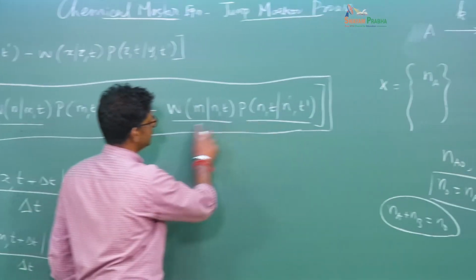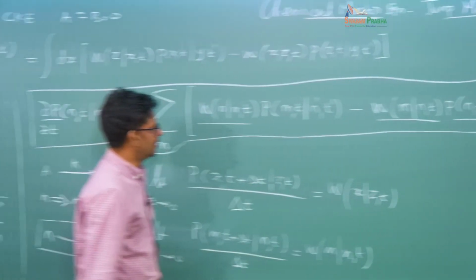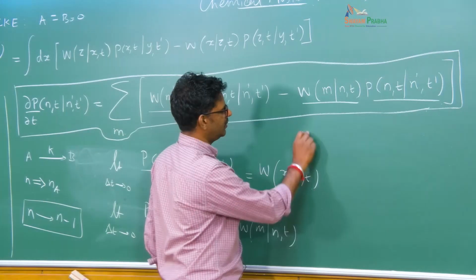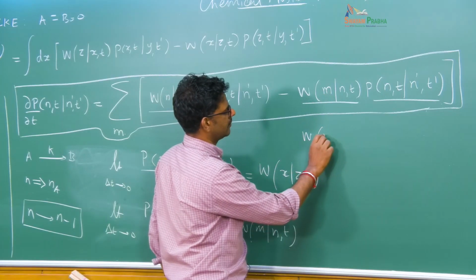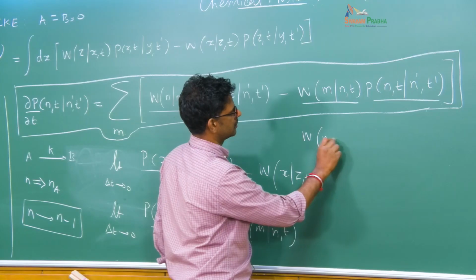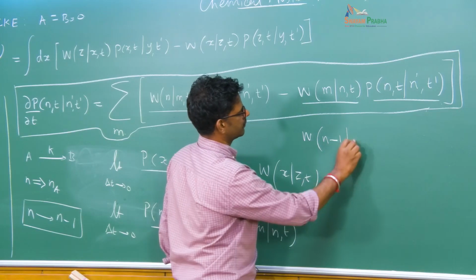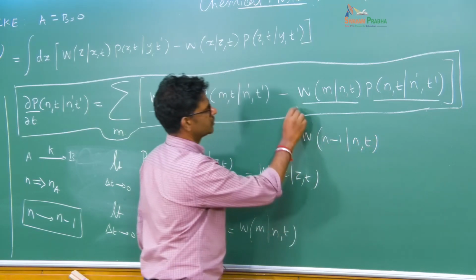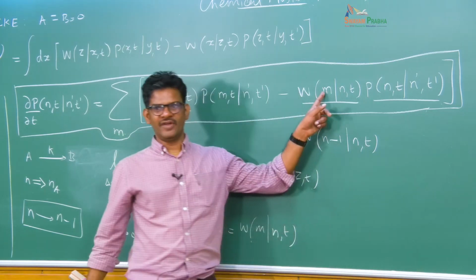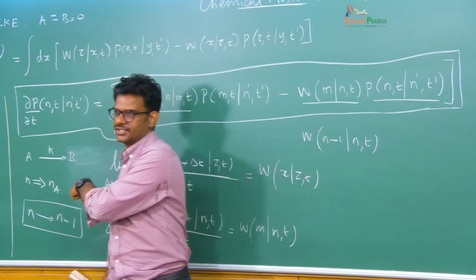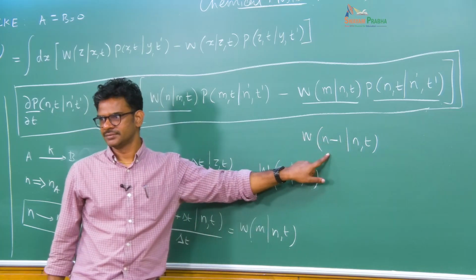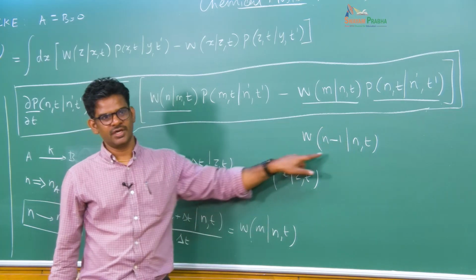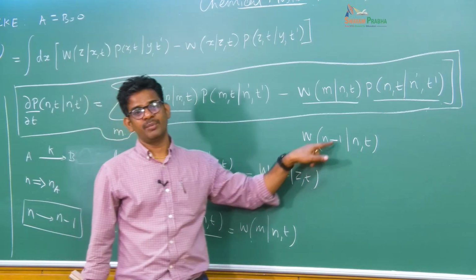If I look at this statement, what might happen is m can become... even though I said that there are many possible m values, for this reaction, if it is n, it can only become n minus 1. It cannot go to n minus 2, it cannot become n minus 3, or n plus 1 and n plus 2.